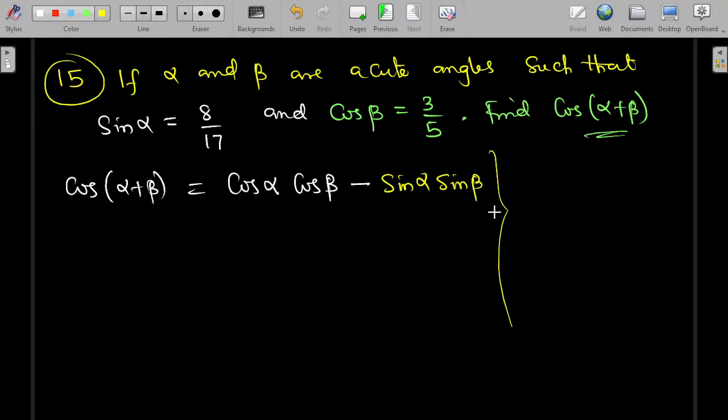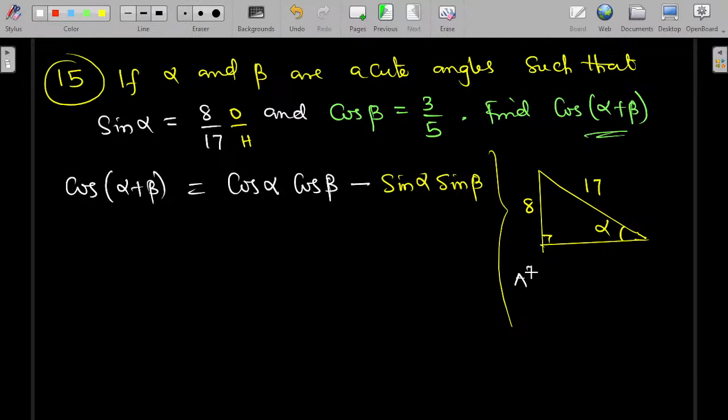We'll try to use our triangle again. So let's draw it. I sketch this diagram, this triangle. You gave me sine. Let's assume that this is my alpha here. And you said that sine is 8 over 17. Remember that 8 is your opposite, 17 is your hypotenuse. So here is 8, here is 17. So I need to get the adjacent, which is going to be by Pythagoras theorem.